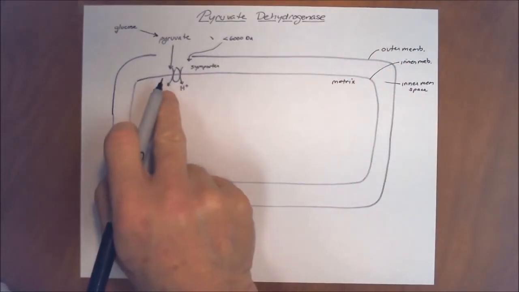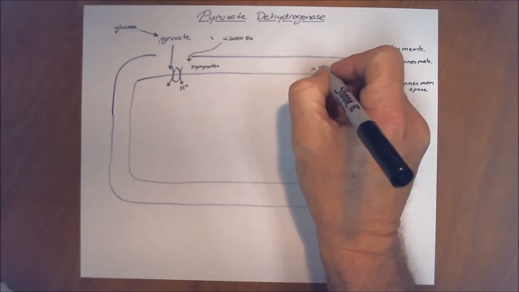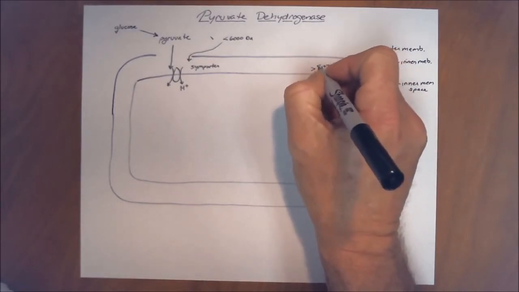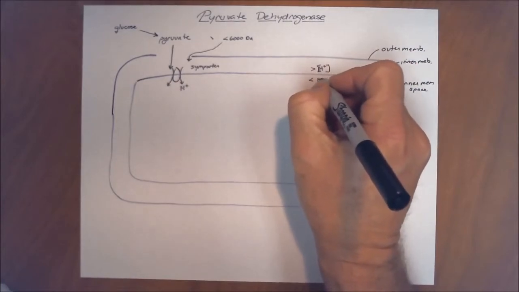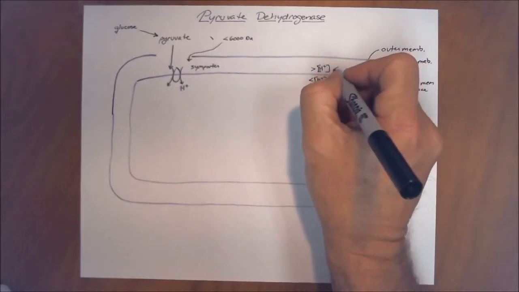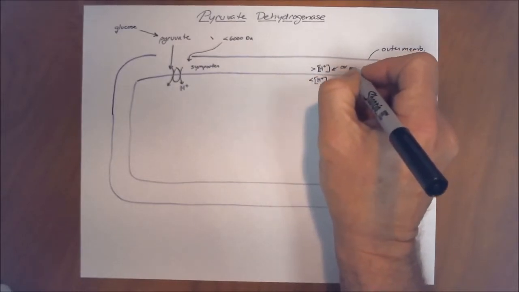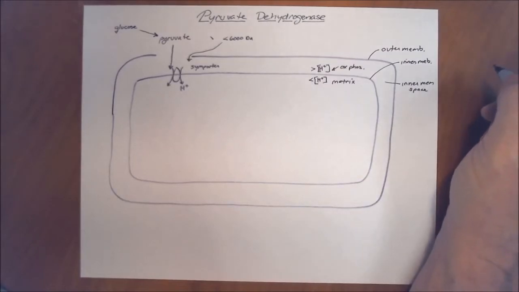This proton transport is due to a proton gradient that has a very large proton concentration on the outside of the inner membrane and a small proton concentration on the inside. We'll talk more about this. This is established by the process of oxidative phosphorylation, electron transport chain.